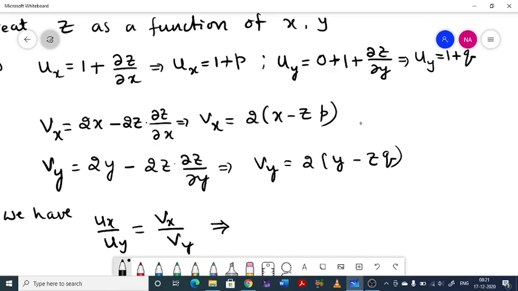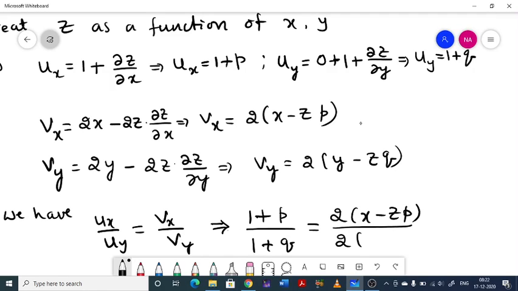So that implies ux, that is 1 plus p, divided by uy, 1 plus q, equal to vx, 2 times of x minus zp, divided by 2 times of y minus zq. So 2 get cancelled.